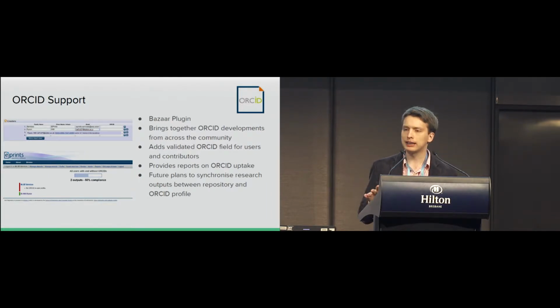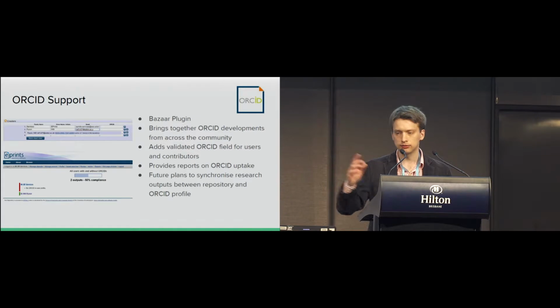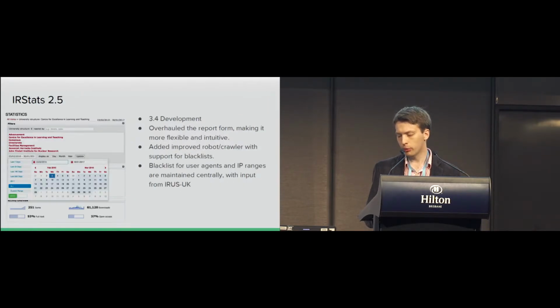We've got future plans there to synchronize that content in the repository with what's on ORCID user profiles. We're collecting together all the efforts that have gone on in various repositories into one plugin, so that everyone can just install it nicely and easily. So that's something we've been working on.